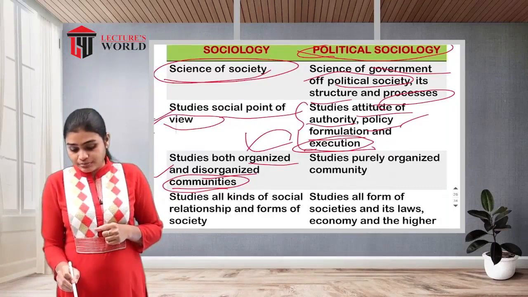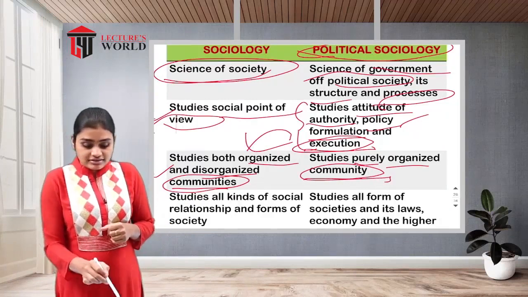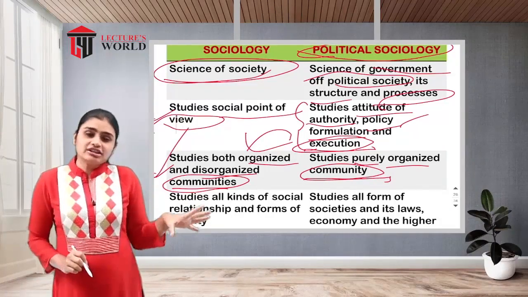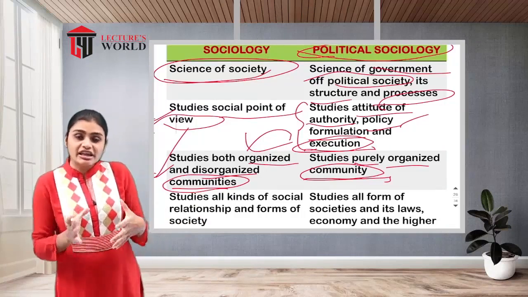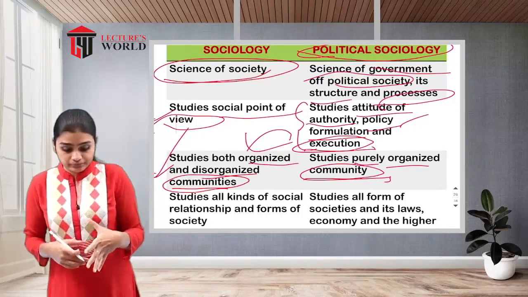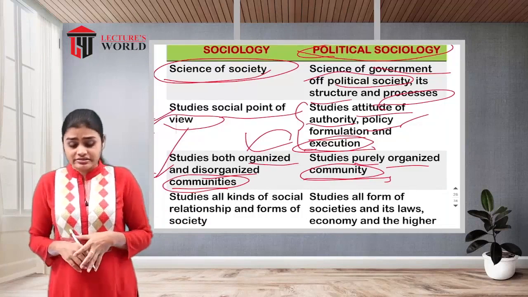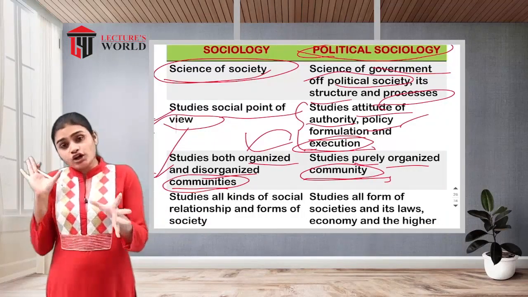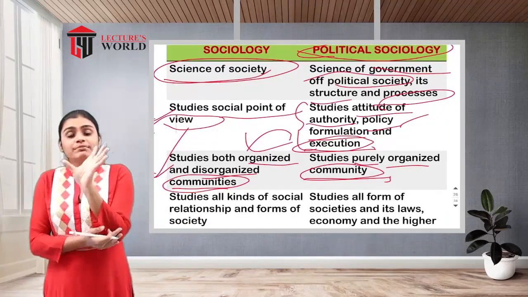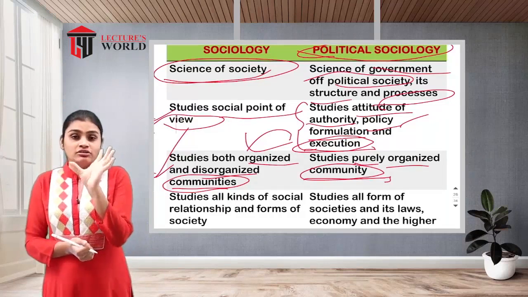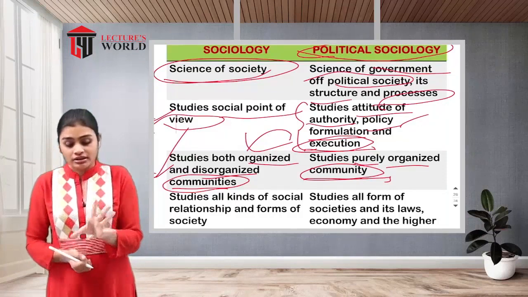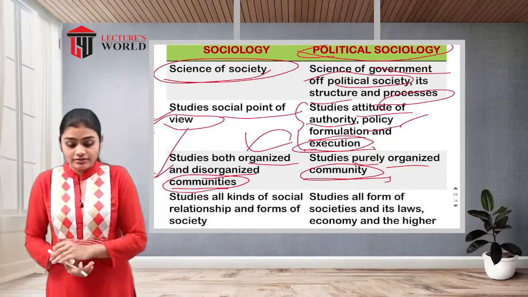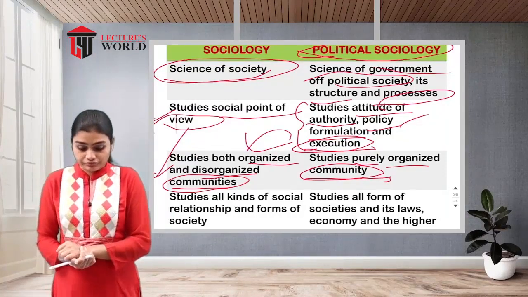Sociology studies both, the organized and disorganized, because it studies general behavior or a point of view. But in political sociology, it is a properly organized community, that means one particular political organization, so their behavior is what they are going to study. So that is political sociology.